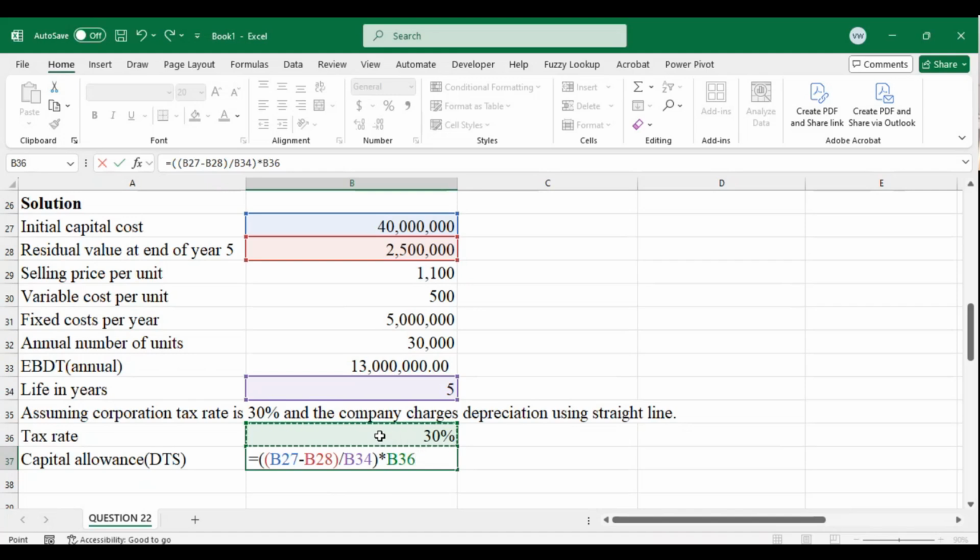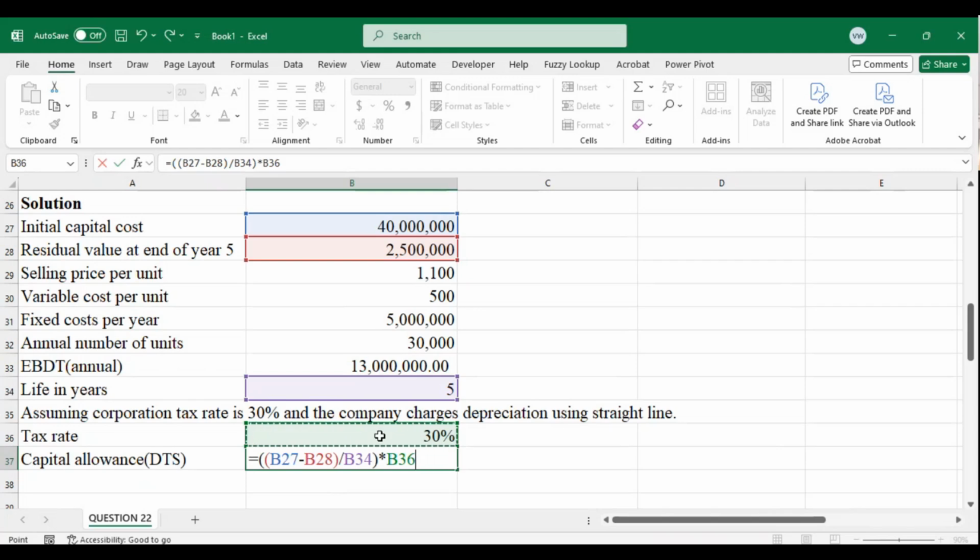In case you don't want to use so many brackets, you are free to compute the depreciation per annum in a separate cell, then proceed and get the DTS. You don't have to strain with all these brackets, but if you understand how to use brackets, there's no problem.